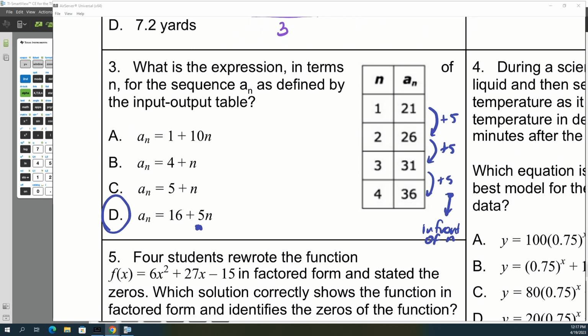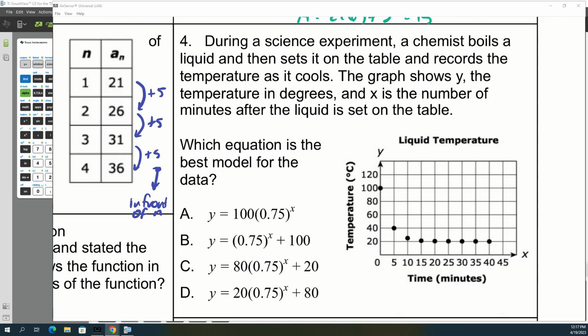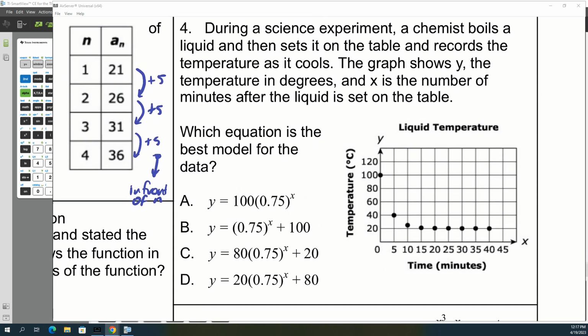All right, let's look at science experiment. Okay, so we have a chemist who boils a liquid, sets it on a table, and records the temperature as it cools. So we have these 4 equations, and we want to know which one matches. So it's definitely, they're all exponential, so that doesn't help.